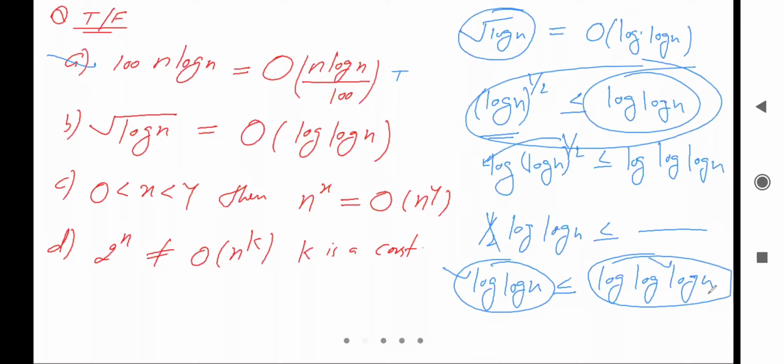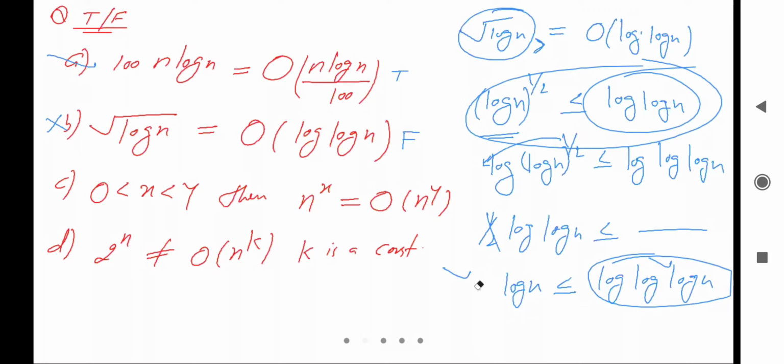So what we can say here is that this condition is not satisfied, because this root is greater in this case, so we cannot write this one in the form of order. So this one is false. So option 2 is false.